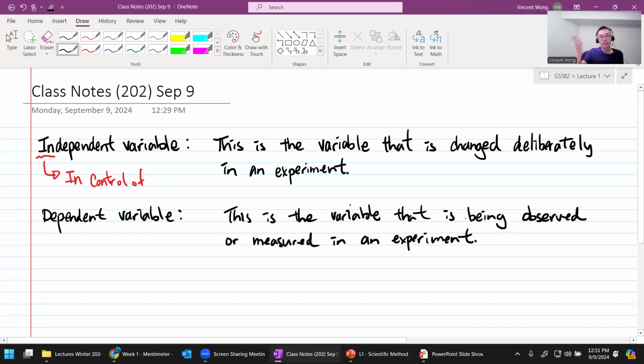This is the outcome that you are looking at. After we change the amount of sunlight exposure, what you're trying to observe is the height of the plant. The height of the plant would be the dependent variable.